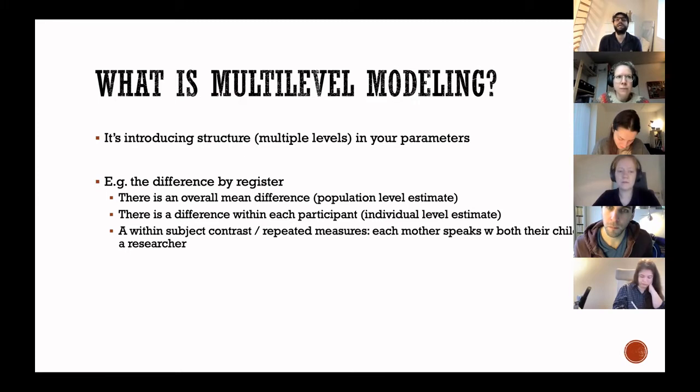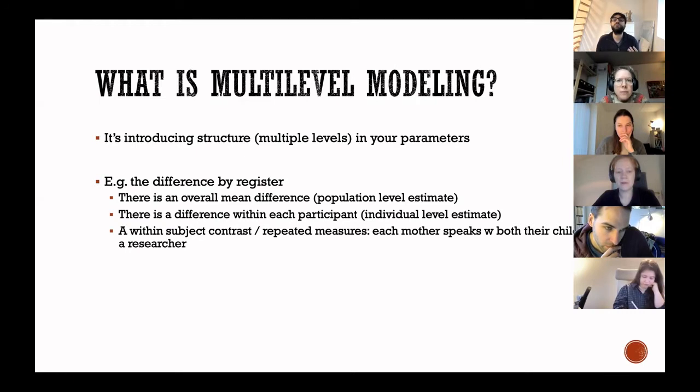For instance, we have the beta, the difference by register, whether articulation is higher or lower in infant-directed speech compared to adult-directed speech. And here we have several levels in the data, given the way in which we've constructed the experiment. There is an overall mean difference, which we usually call the population level estimate.